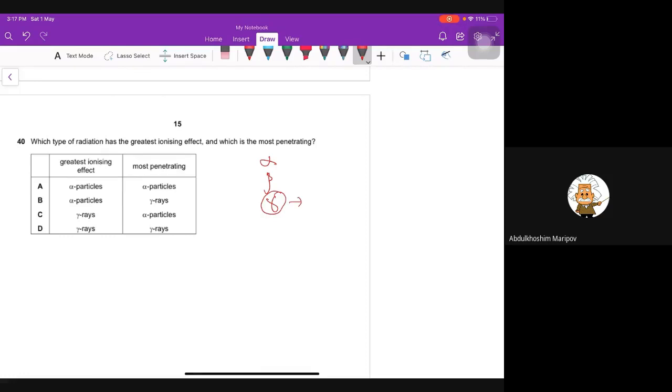That's why they use it in X-rays, because they are very small, so it penetrates the most. The least penetrating ones will ionize more. Greatest ionization would be the alpha.